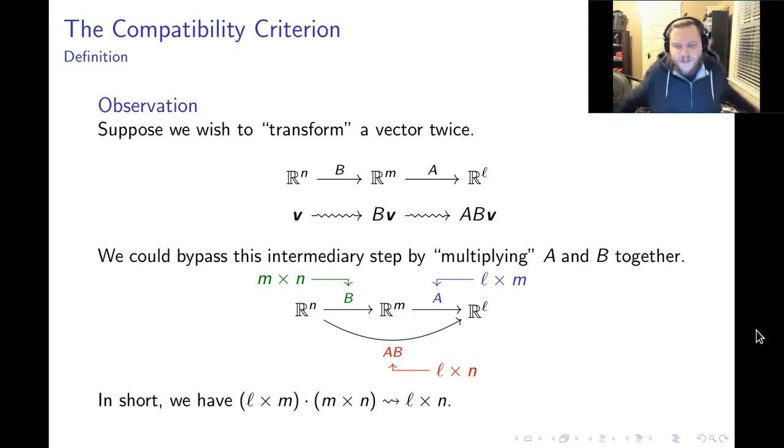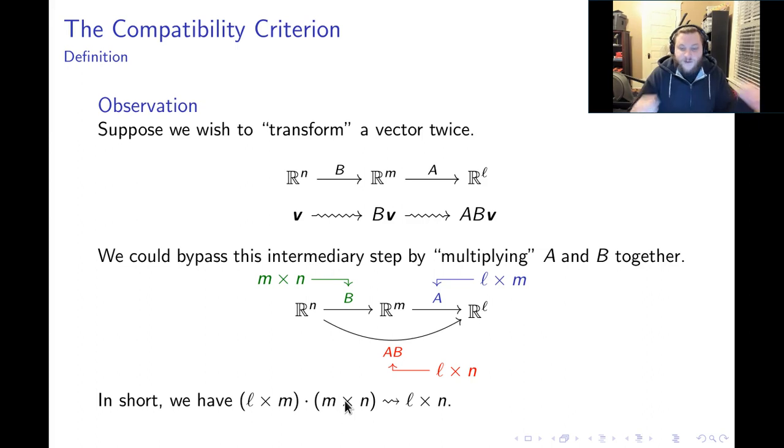Now, when I was a student, the way that I remembered this was if I want to take a matrix and multiply it by another matrix, I just write down those dimensions side by side in the right order. The dimensions for the matrix on the left should be something by m, and then the matrix we're multiplying by on the right should be m by something. So that's the criteria we need in order to multiply two matrices together.